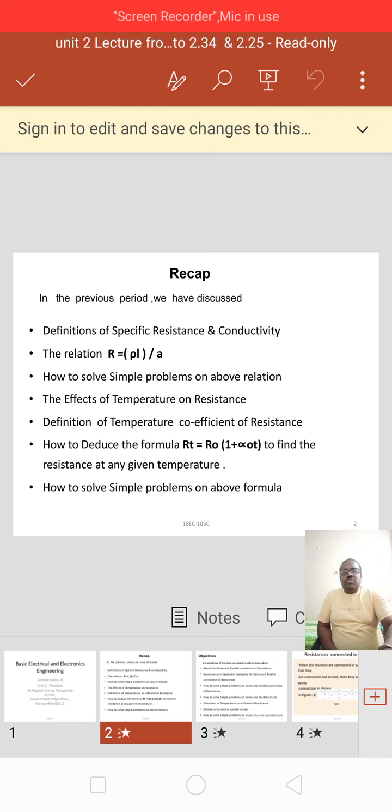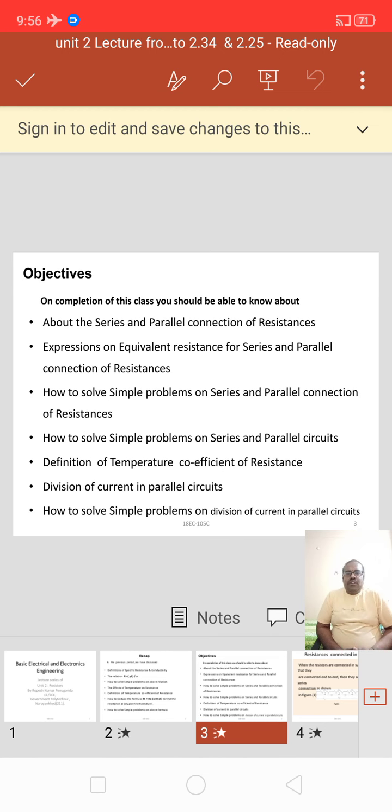Today, the objectives of this session are the series and parallel connection of resistances, expressions for equivalent resistance for series and parallel connection of resistances, how to solve simple problems on series and parallel circuits, the definition of temperature coefficient of resistance, division of current in parallel circuits, and how to solve simple problems on division of current in parallel circuits.